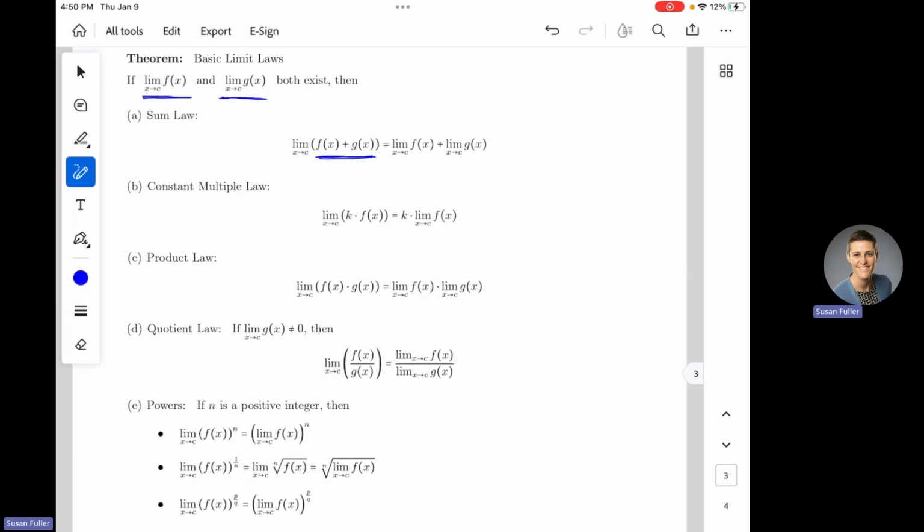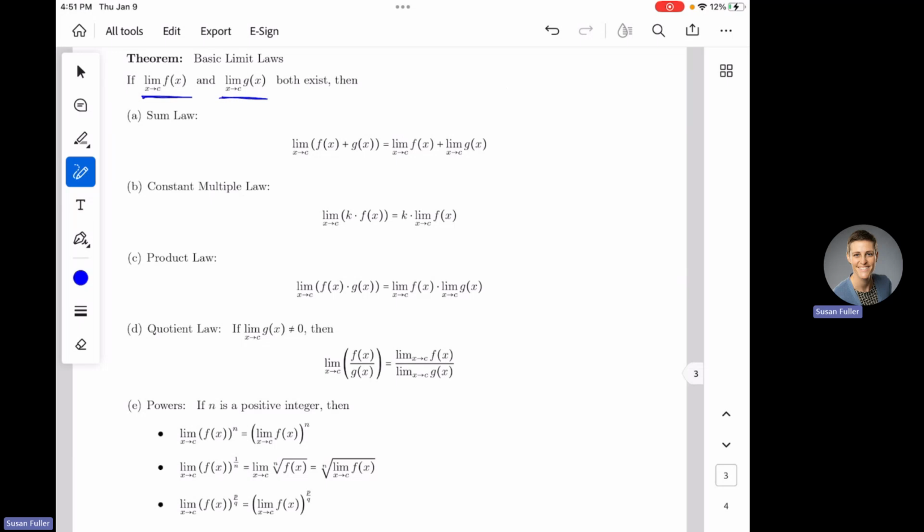The limit as x approaches c of f has to exist, and the limit as x approaches c of g has to exist. Then if we're taking the limit of f of x plus g of x, we can actually distribute that limit across the addition, and we are going to add the separate limits. We can absolutely do that with limits. Everything's going to work the way that you want it to.